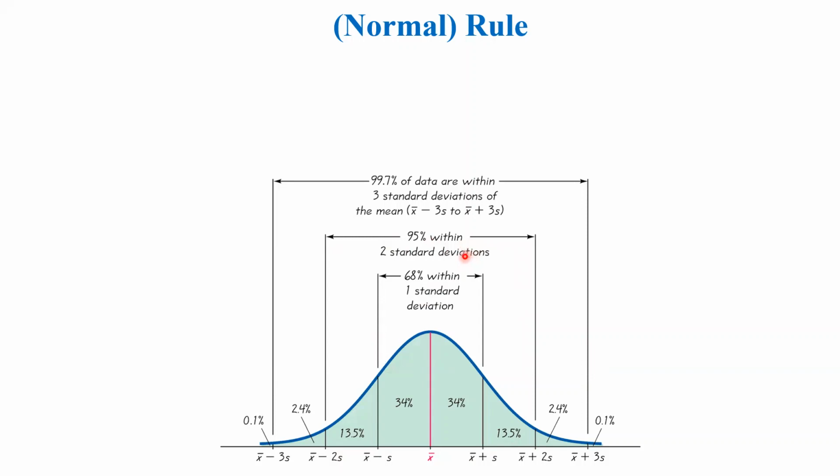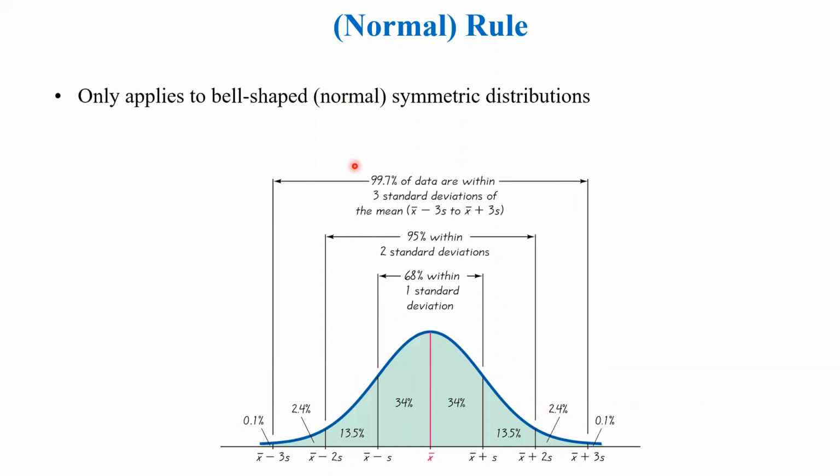Okay, so basically this is the normal rule of standard deviations of a normal curve. Okay, so it only applies to a bell-shaped curve, or basically a normal symmetrical distribution. However, if the distribution is not normal, then this does not apply.